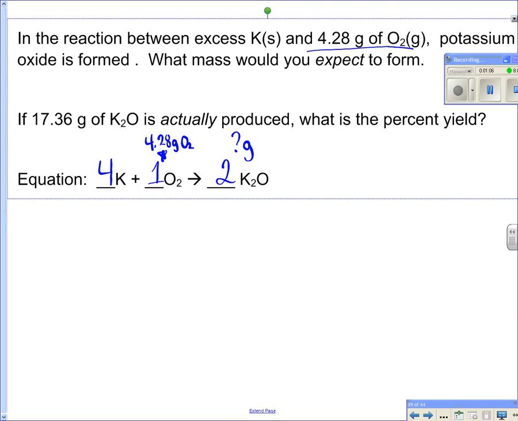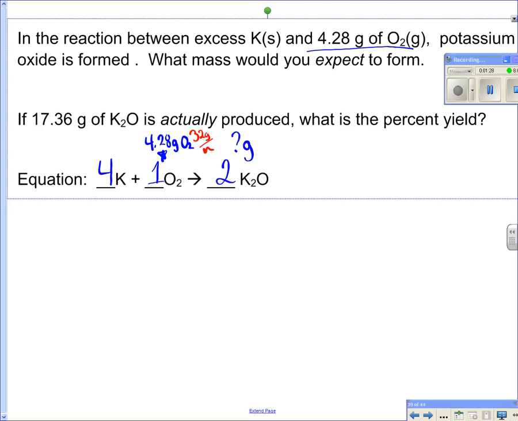Just like in cooking, I like to gather up everything I need before I start. Being that I see grams of O2, I'm going to go up to the periodic table, look up O2, and I know that its molar mass is 32 grams per mole. And I'm going to eventually need K2O's molar mass also, because I'm looking for grams at the end.